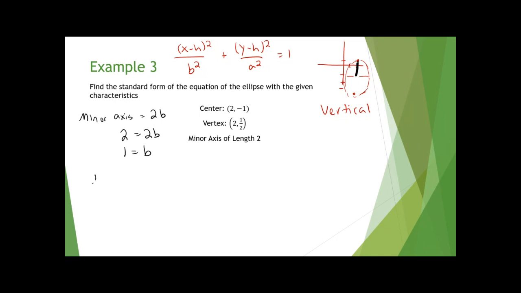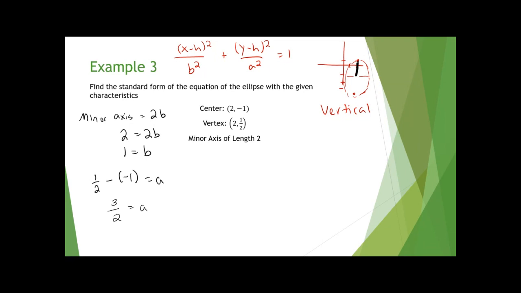So 1/2 minus -1 is giving us a. So that's half of the major axis, which is why I'm doing that subtraction. That's 1/2 plus 1, so that's 3.5. I mean 1.5, which is 3/2. Misspoke there. So 3/2 equals a.